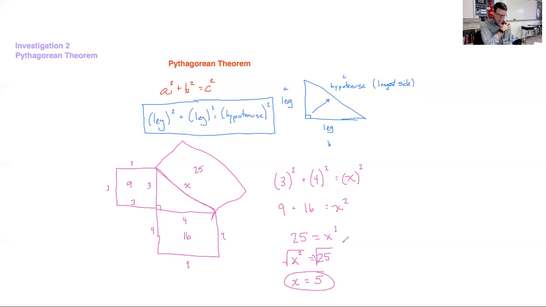All right. Let's try another. So I'm going to go to a new slide. Let's go with, if we have a right triangle with sides of 12 and 16. I really wish there was a triangle shape in the whiteboard here.